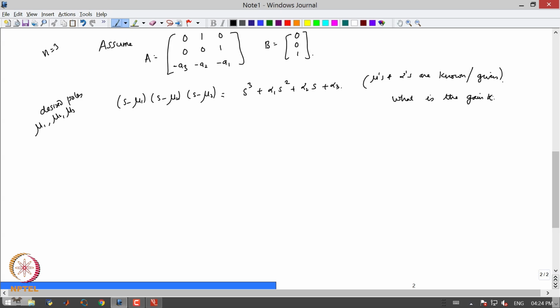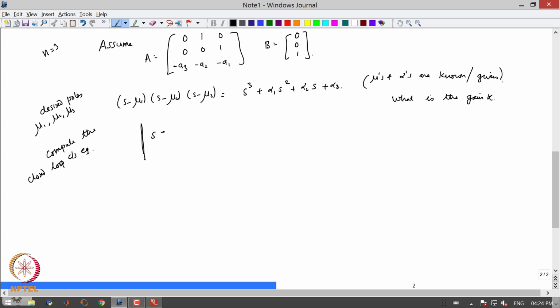So, I compute the closed loop characteristic equation, which for the 3 by 3 case will just be like this.